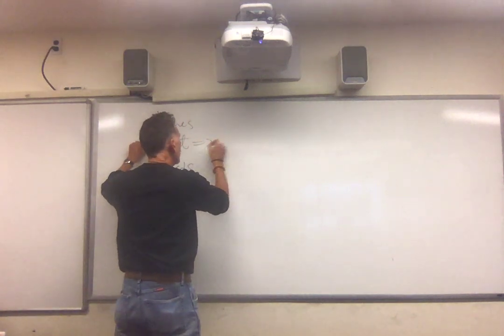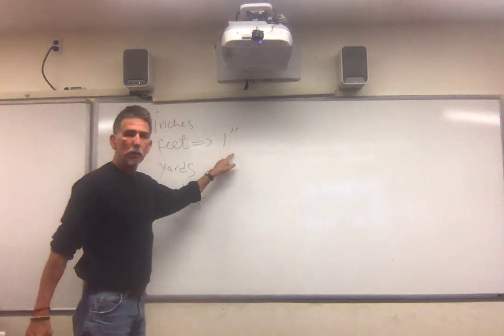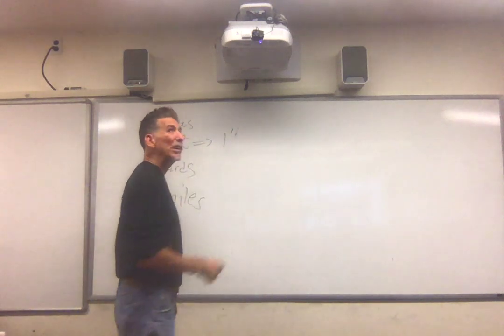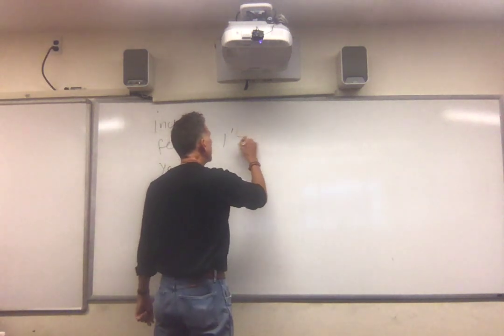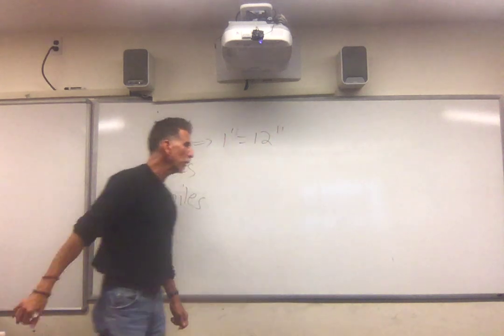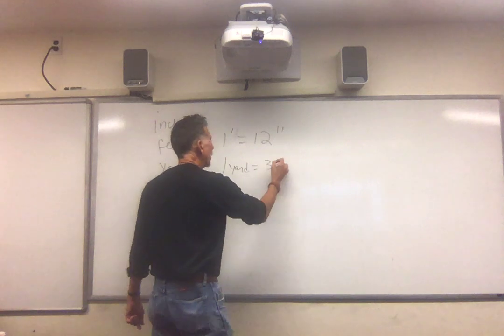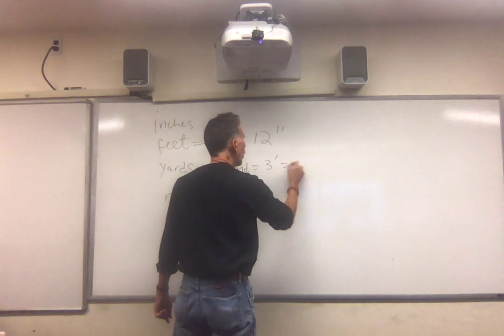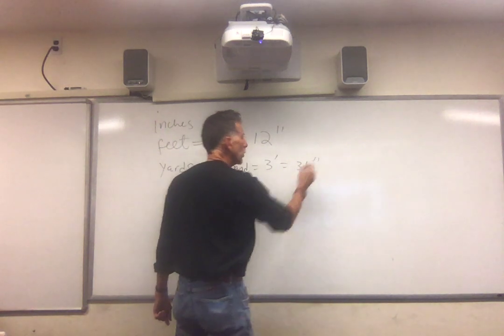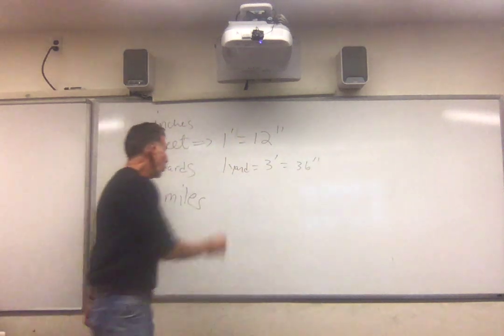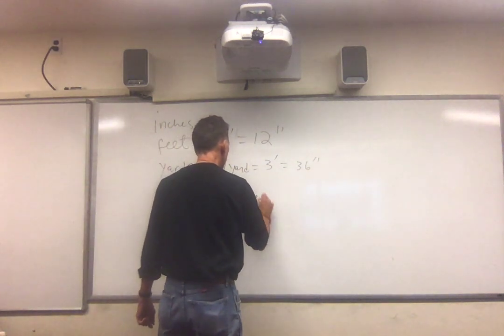We know that 1 foot is equal to 12 inches. Everybody should be familiar with that. 1 yard is 3 feet, or 36 inches. Fantastic.